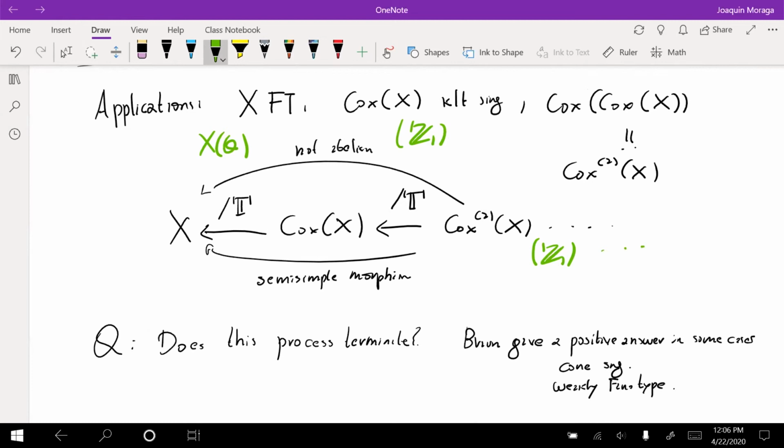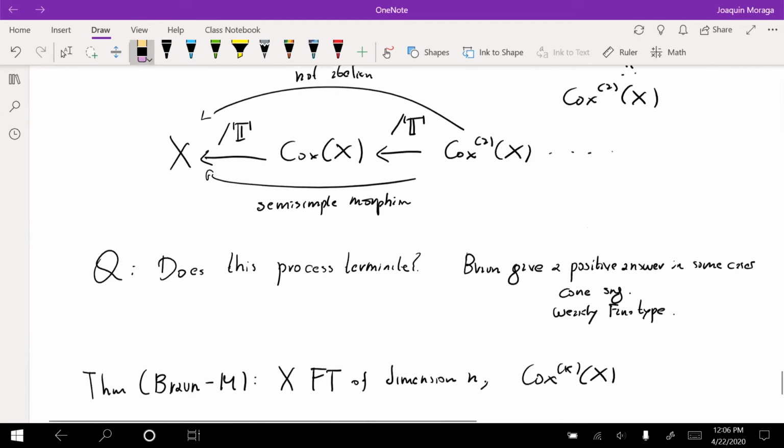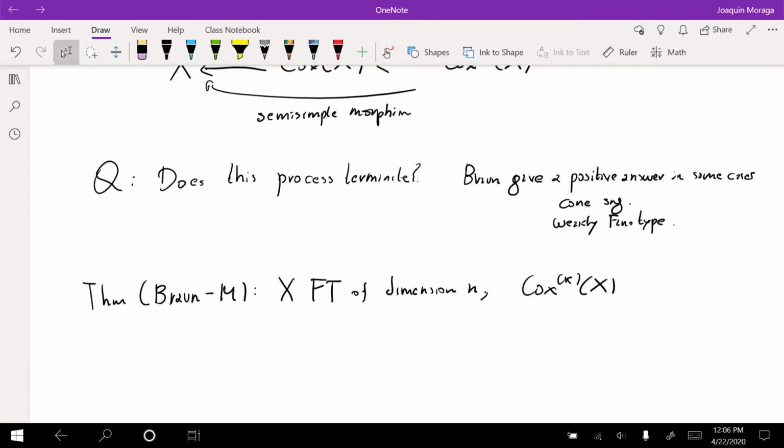So if you keep iterating this process, philosophically, I'm not an expert on this part of algebraic geometry, but philosophically, finding points on the iteration should be easier than finding points on the first Cox ring. I don't know how precise a statement I could prove about that philosophy. So this stabilizes.